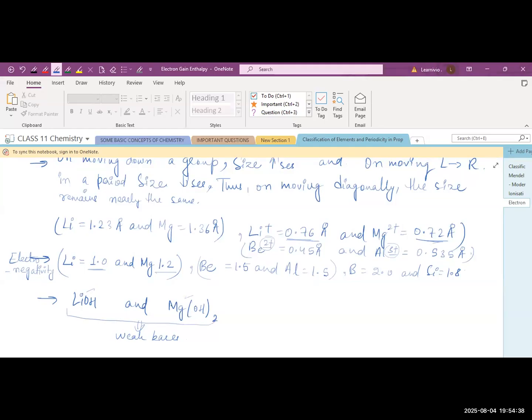Lithium shows it with magnesium, right? Beryllium shows it with aluminium. Boron shows it with silicon and so on, carbon, phosphorus, nitrogen, sulfur, etc. Right? But we will not focus on that. We will focus on these two: lithium with magnesium and beryllium with aluminium. Clear?